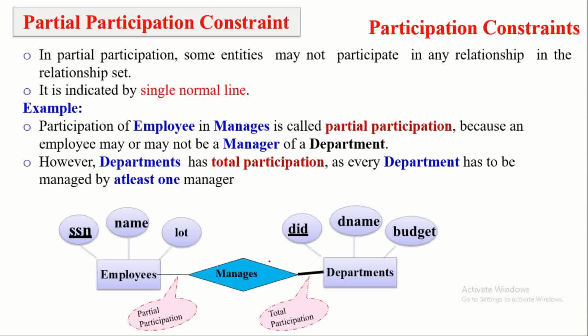Coming to partial participation constraint, in which some entities may not participate in any relationship in the relationship set, it is usually indicated by a single normal line. Coming to this example ER diagram, here employees entity set is associated with managers relationship set using a single normal line that indicates that the participation constraint between employees and managers is partial participation.